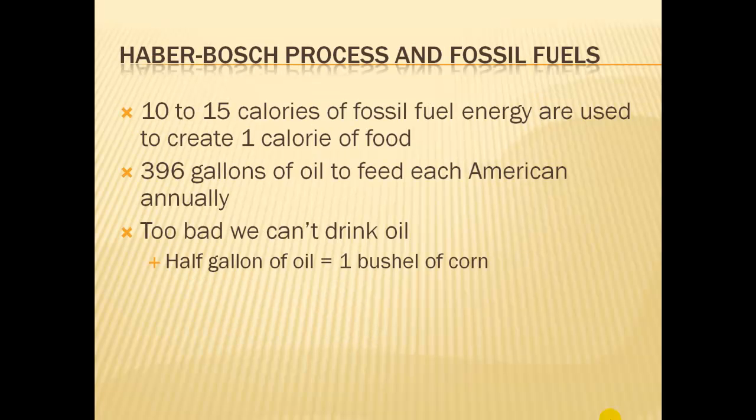If we look at the Haber-Bosch process in fossil fuels, we can see where we have a current agricultural model that is inefficient calorie-wise. Because if it takes 10 to 15 calories of fossil fuel energy to create 1 calorie of food, what we have is more input going in than output. And this ratio is actually getting more and more skewed.